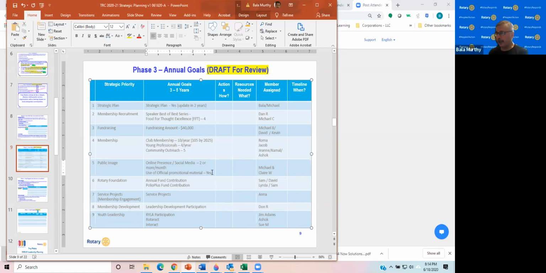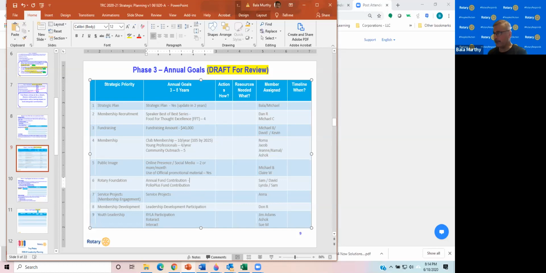According to Rotary guidelines on the citation, use of official promotional material is either a yes or a no. So as long as we're using that, it counts as a yes. I was thinking our promotional material was like a brochure for our club, which needed to be updated, and we've been postponing it since last year because we didn't want to spend the money. She is going to begin to do the newsletters and bulletins, and then we can build up from there. Okay.